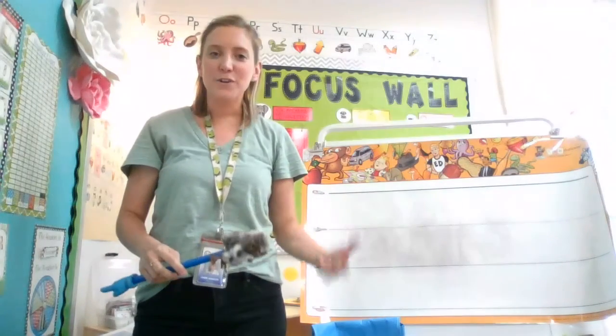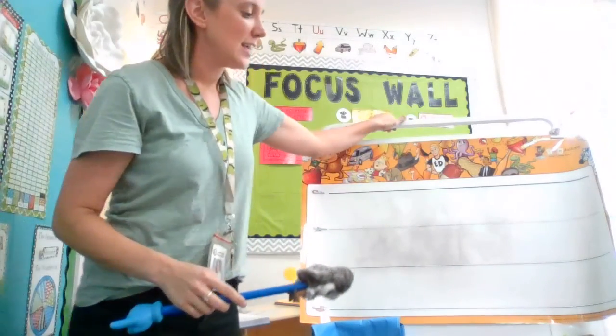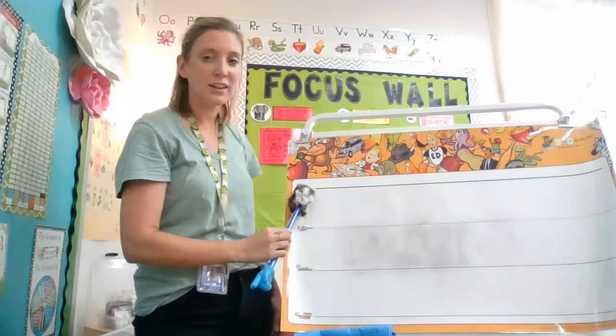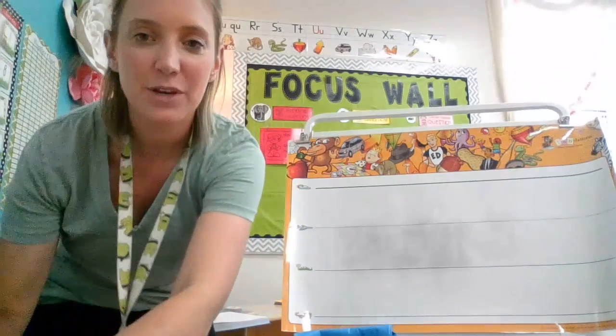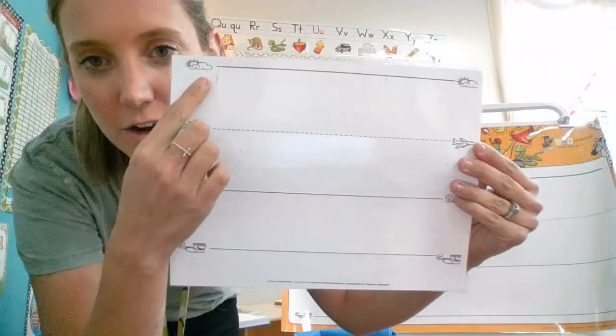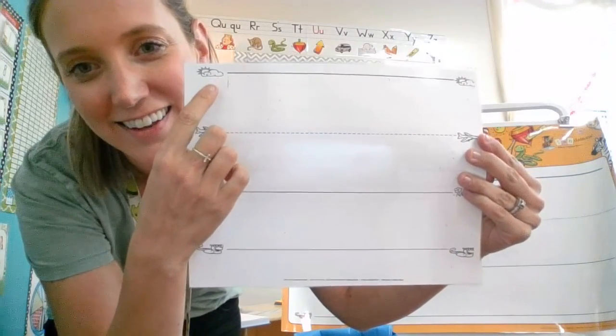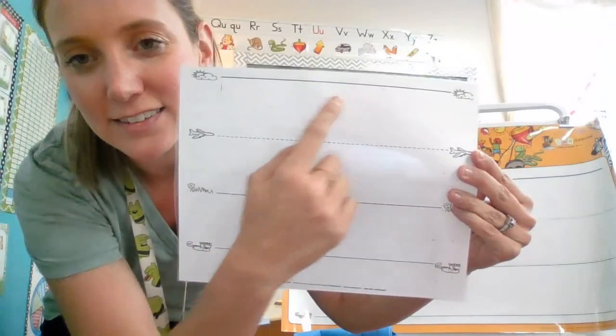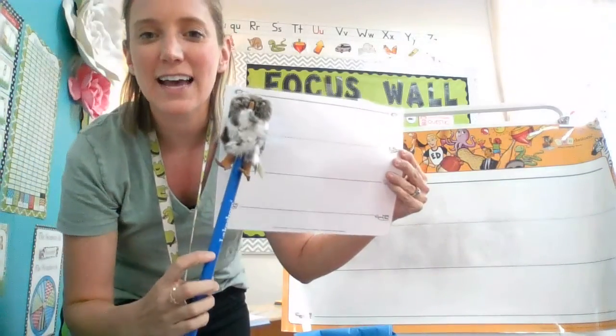So our first line is called the skyline, because on our skyline right here we have a cloud and a sun, and you have a cloud and a sun on the chart you have at home. That's why this line is called the skyline. So everybody say skyline.